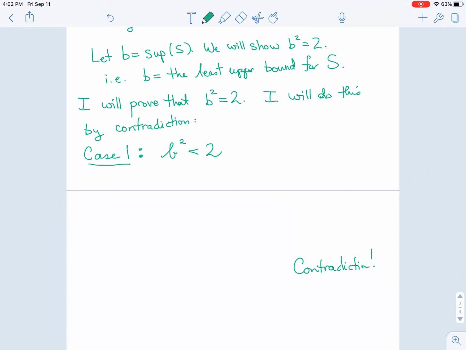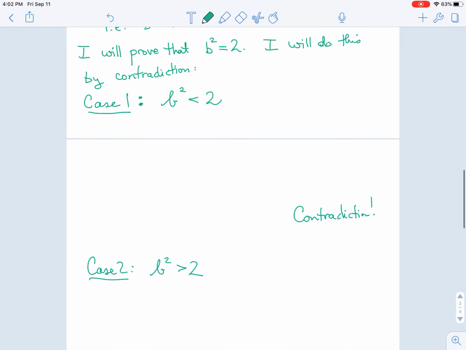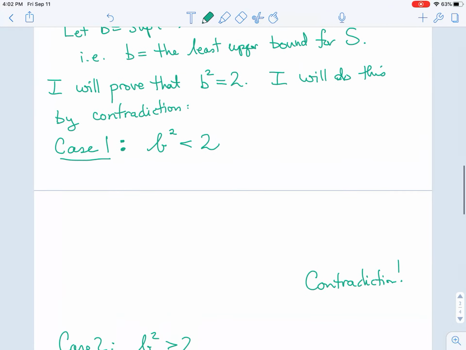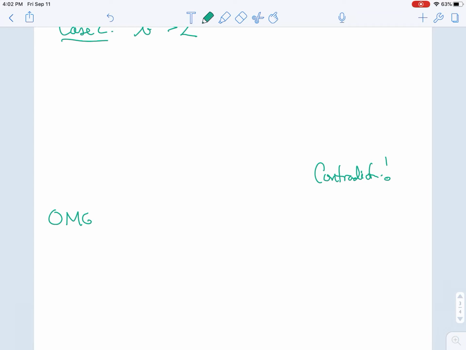Well, case 2, that'll be your proof that B squared is greater than 2. And we're going to go boom, boom, boom, contradiction. Okay. And now if we think about what happened, B is a real number. So B squared is a number. And it can't be less than 2, and it can't be greater than 2. Oh my gosh.